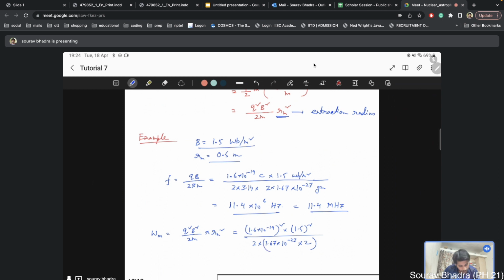And Rm is given in your question, that is 0.5 meter, squared. If you put it in, you will get 2.155 into 10 to the power 12 joule.